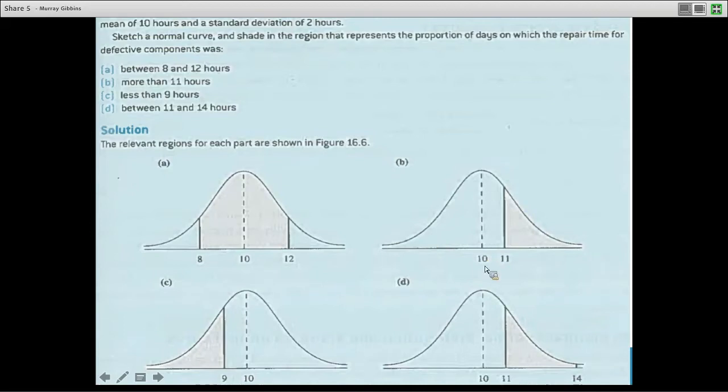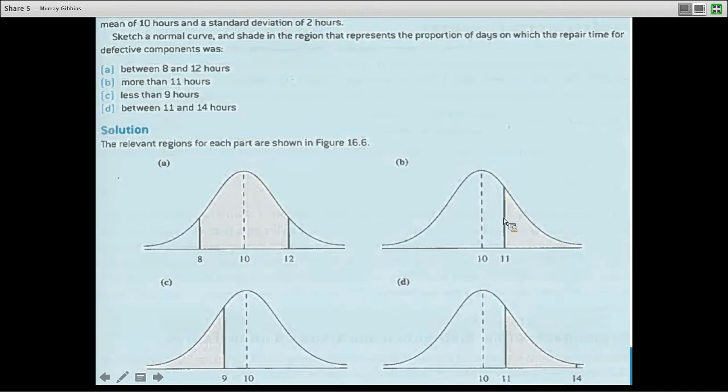For B, it says more than 11 hours. By drawing the graph, we can see that 11 is above the mean of 10, and we're trying to find this area up here. Remember, the tables will give us this area. To find this other area, we know that the whole graph is 1.